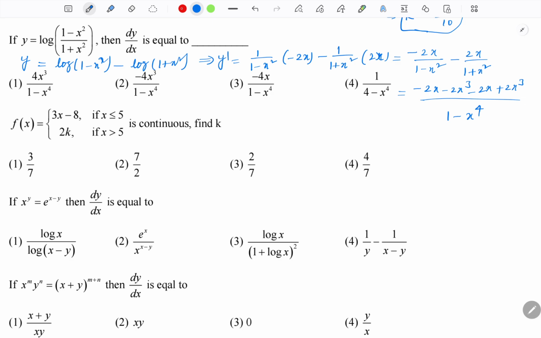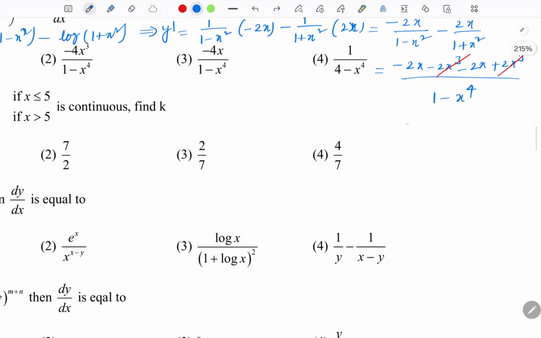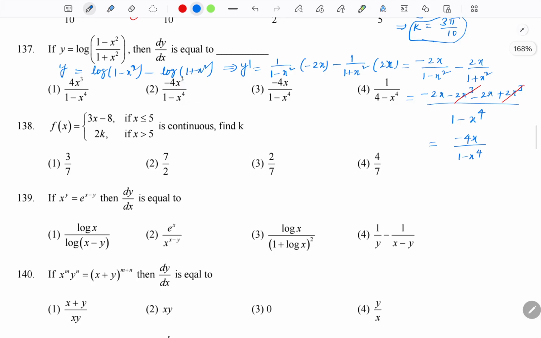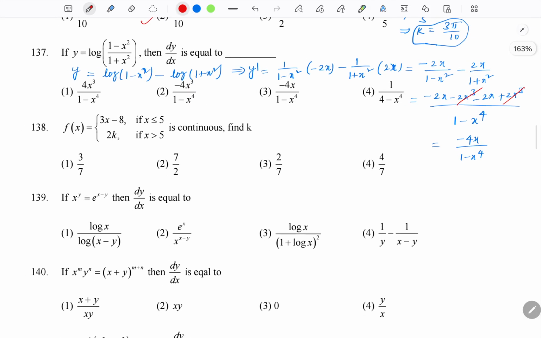Here what is the cancellation term? Minus 2x cube plus 2x cube. Then add those two things, minus 2x minus 2x. How much will we get here? The answer is minus 4x by 1 minus x power 4. Yes, it's option number 3.